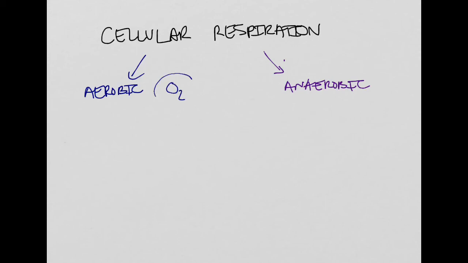We are going to study two different forms of cellular respiration in this class, and one is aerobic, and the other is anaerobic. Now, again, these might be words that you are already familiar with if you've ever talked about anaerobic exercise or aerobic exercise. Well, aerobic just means O2 is present, and anaerobic means that O2 is not present.